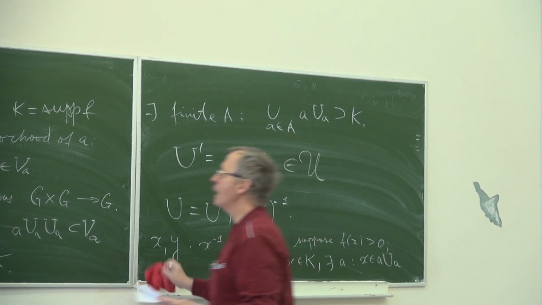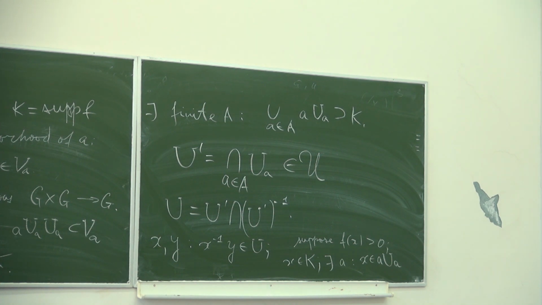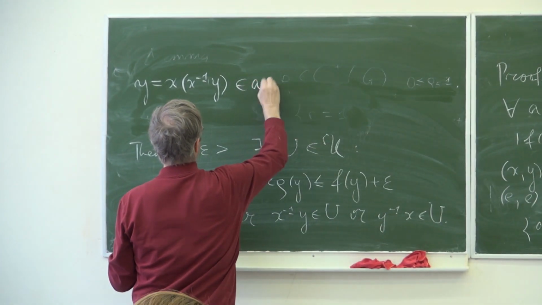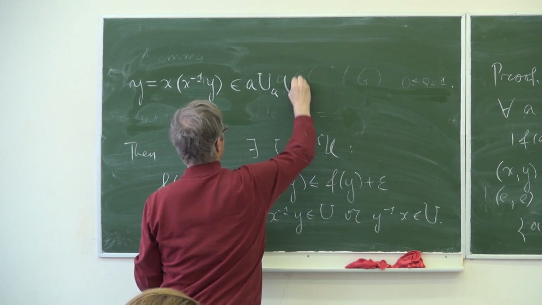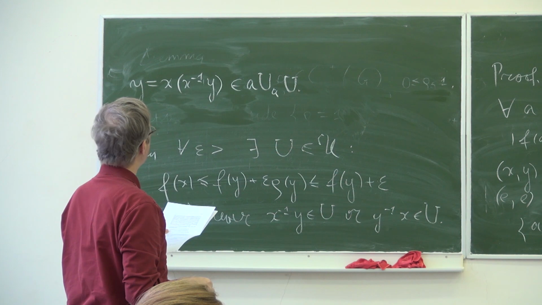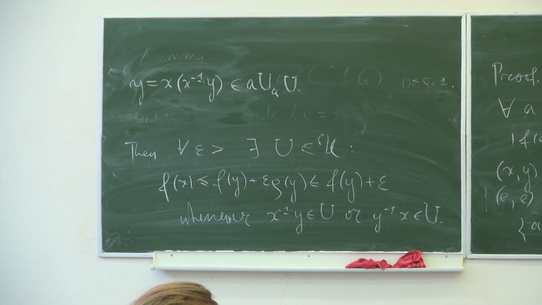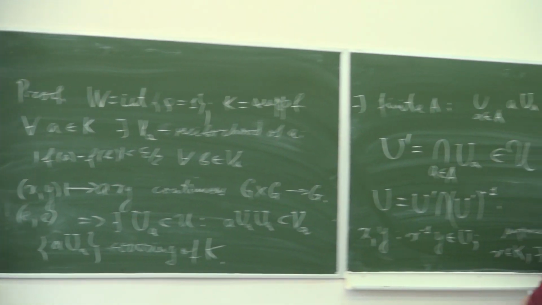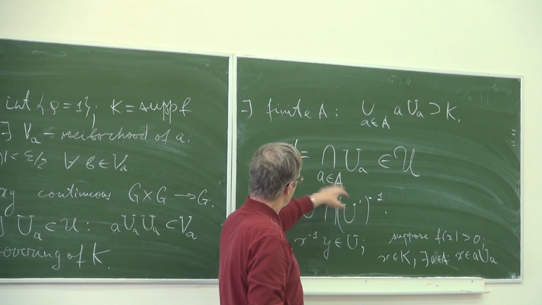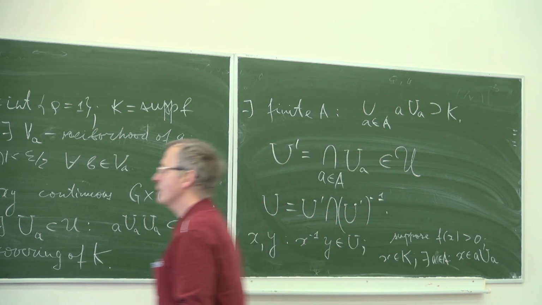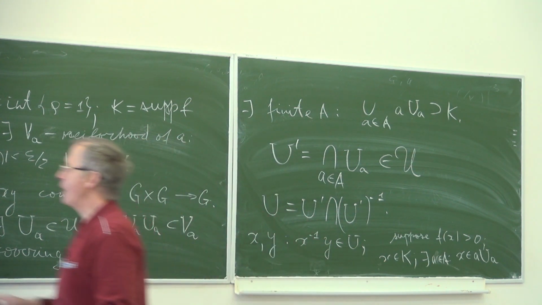Well, and what about y? What about y? And y, it is x, x times x to the power minus 1 y, and so this is in a U_a U. Yes, because x is in K, and this is a covering, a in capital A. So right now I consider only a in capital A. So this is a covering, so we can find one, and then if x is here, then y is here.